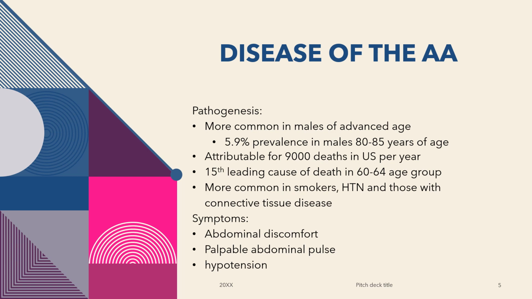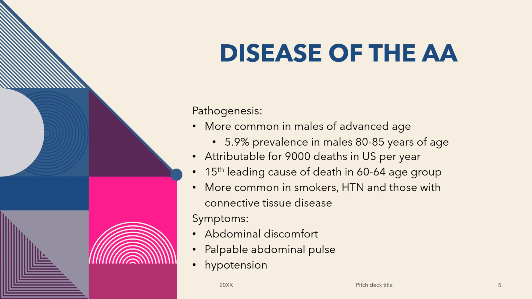It's the 15th leading cause of death in especially males in the age of 60 to 64 age group, and it's going to be more common in those with other vascular diseases that are smokers or previous smokers, have hypertension, and those with connective tissue disease such as Marfan syndrome or other things like that. It's definitely a significant consideration, especially if you are taking care of a geriatric type population.